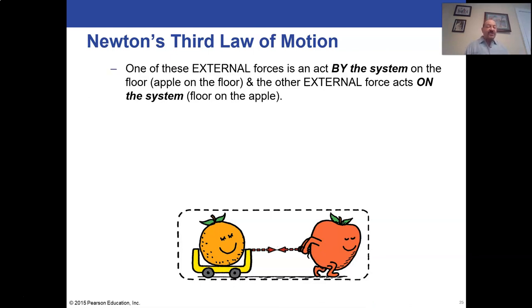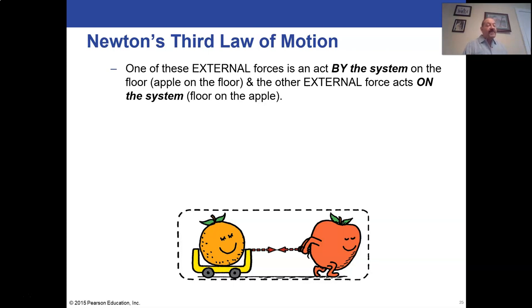So one of these external forces is an act by the system, which we don't care about usually. That's acting on the floor. We don't care what happens to the floor generally. The other is the external force acting on the system. That's the floor pushing back on the apple-orange cart system. And that's what drives the apple-orange cart system forward.